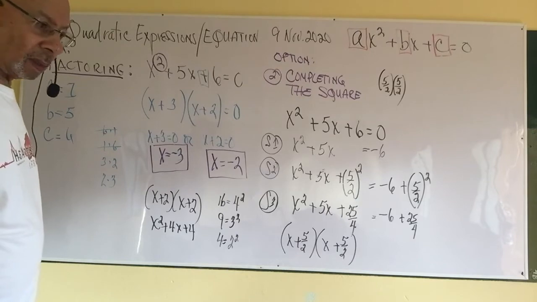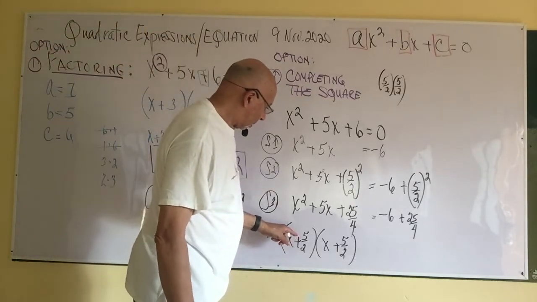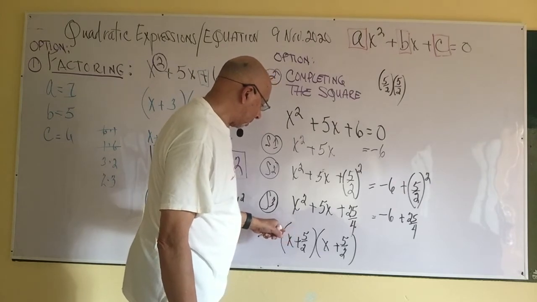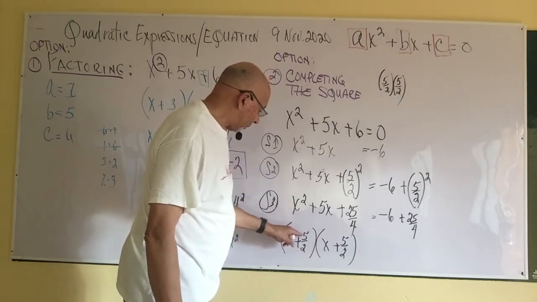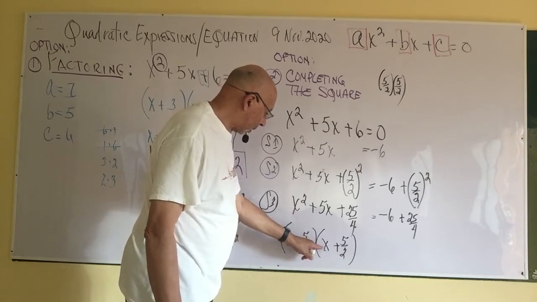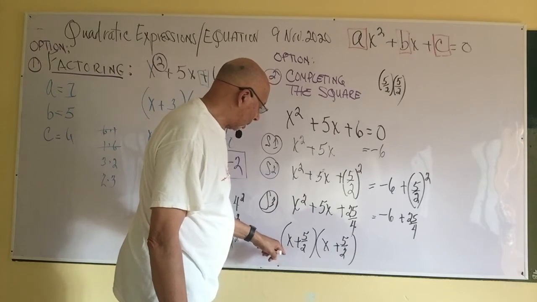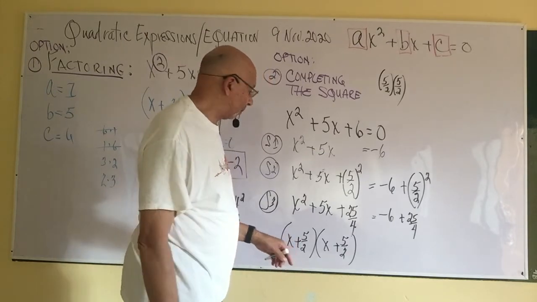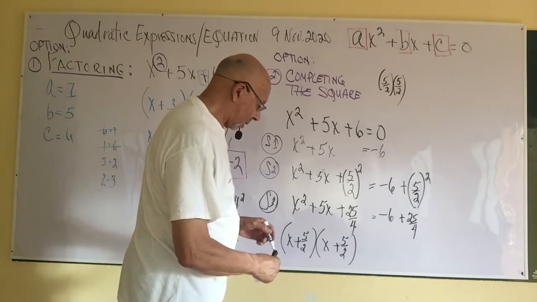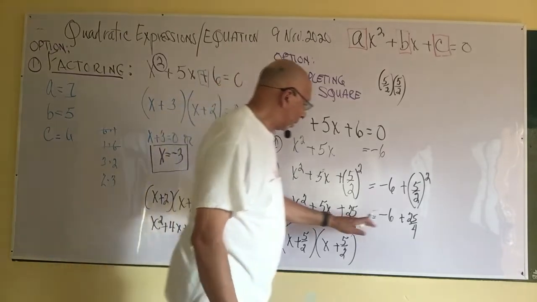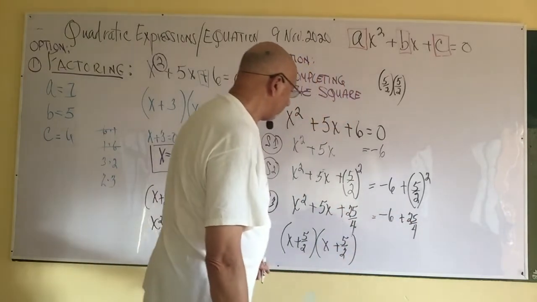Does that make sense? Let's see if it does make sense. x times x is x squared. 5 over 2 times x plus 5 over 2 times x is 10 over 2, if you follow me. This we can easily do. We can subtract that with no problem.